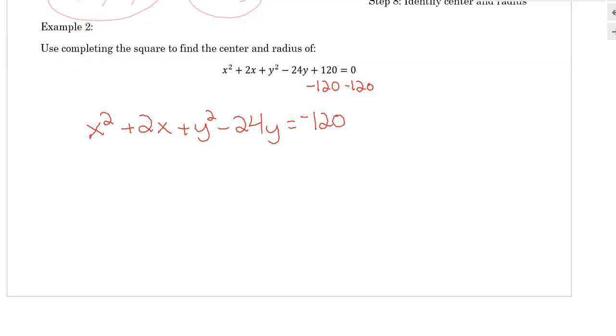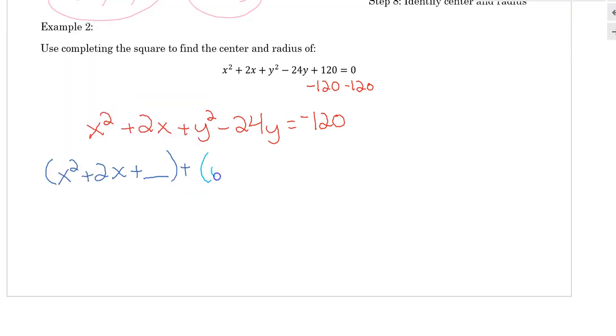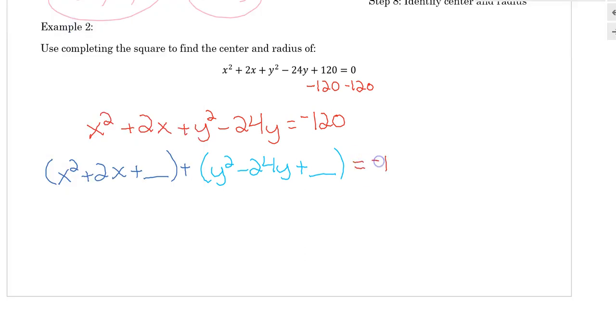Our next step is to put our x's in parentheses. So I have x squared plus 2x plus our blank, plus my y's in parentheses: y squared minus 24y plus blank, equals negative 120 plus our blank from our x's, and then plus our blank from our y's.